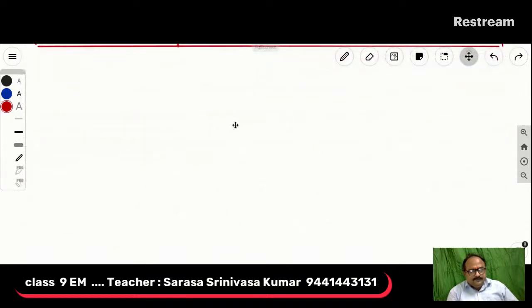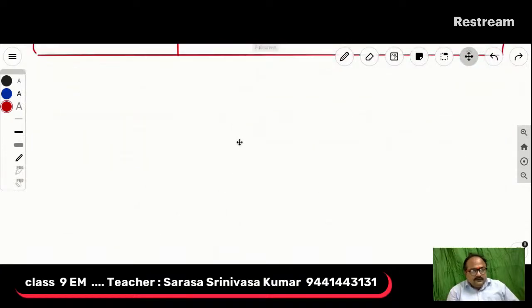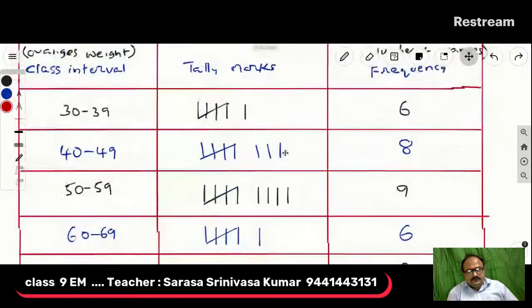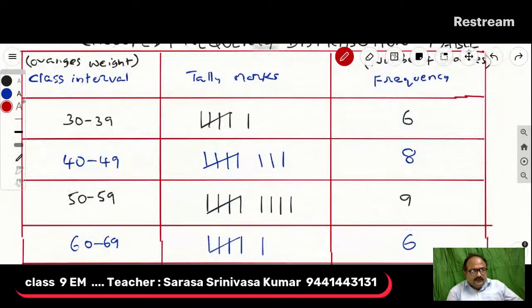Now, if you observe this table, the upper limit ends with 39 and the lower limit for the next class interval starts with 40. So there is some gap, a difference of one.